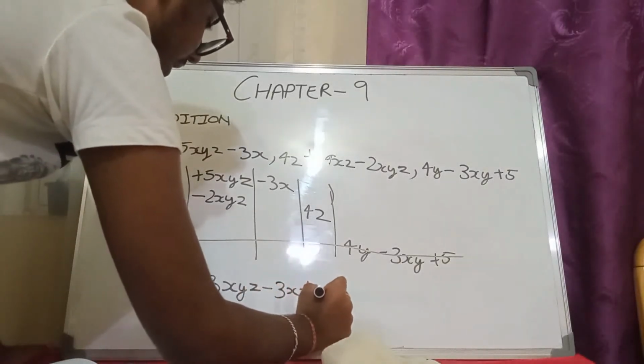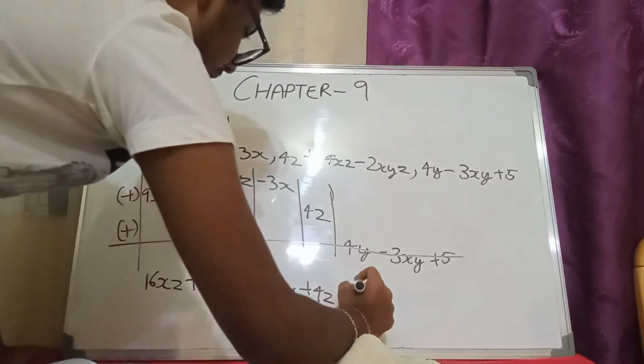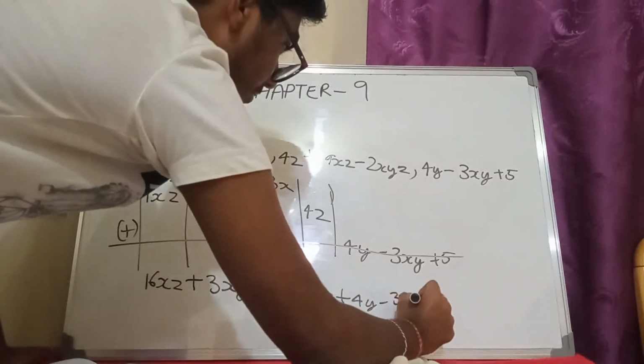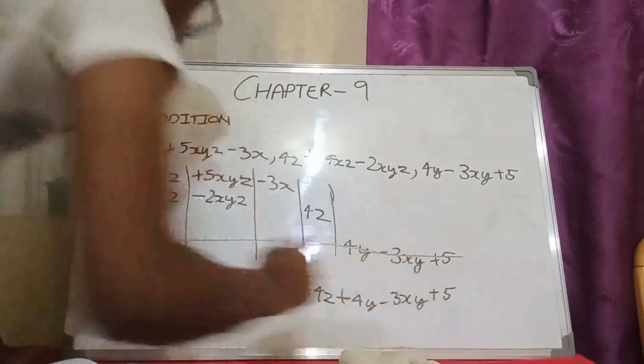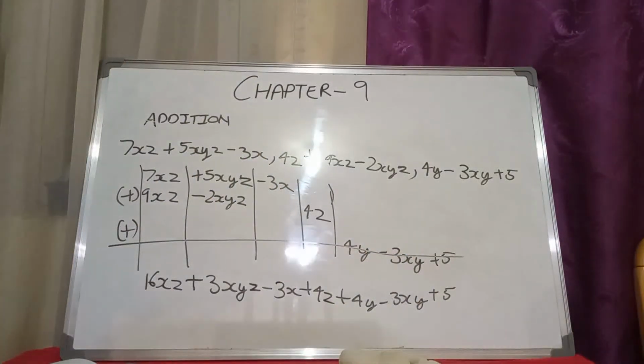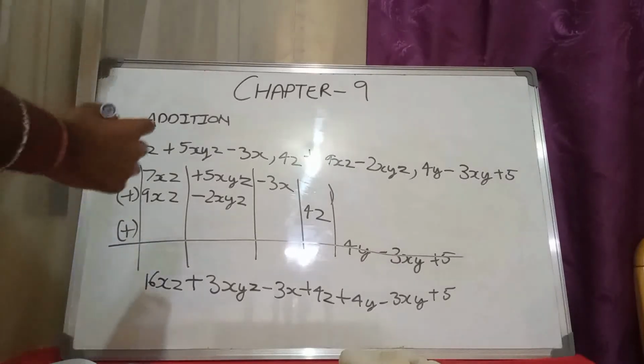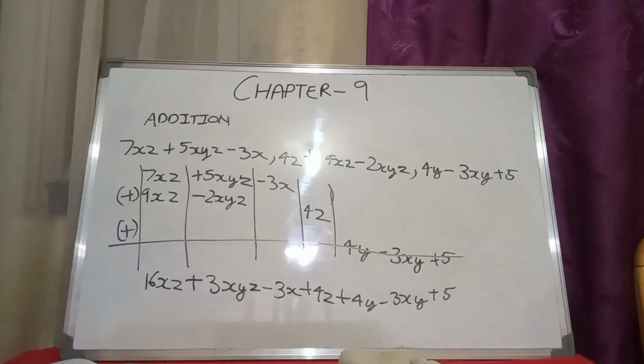Even this doesn't have any like terms, this will be brought down, 4z, and everything else will be brought down as it is, 4y minus 3xy plus 5. So this is the answer of this question. We can see that when we are adding, we have to put the like terms in their columns, and then you have to add or subtract according to the integers property that we have learned. So this is how we solve it.